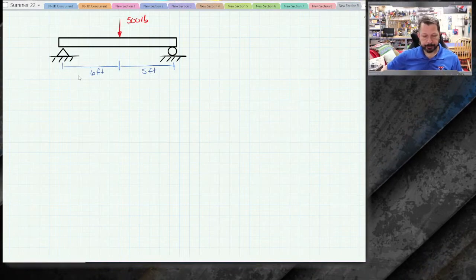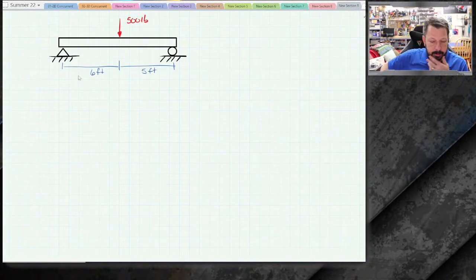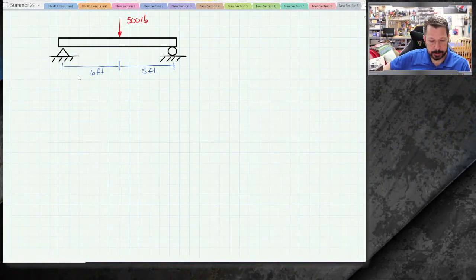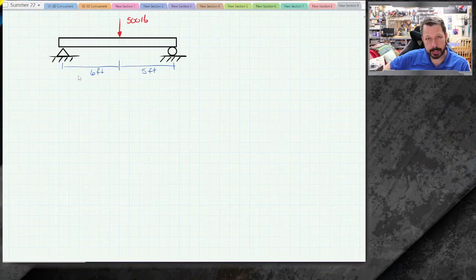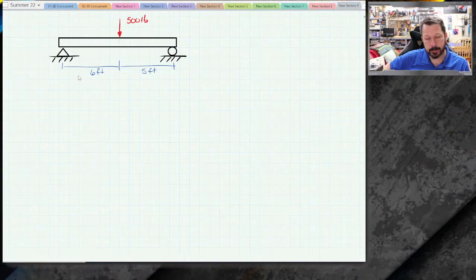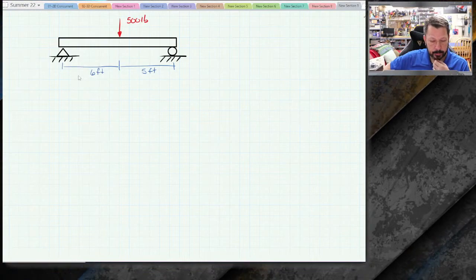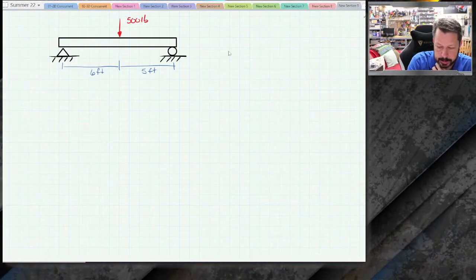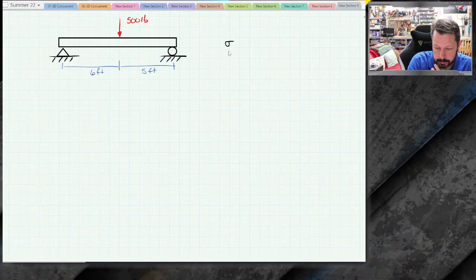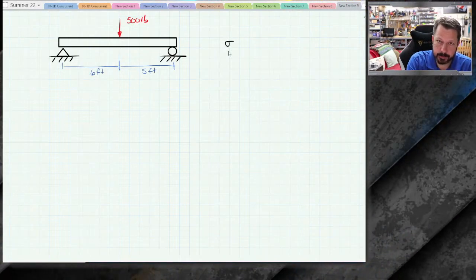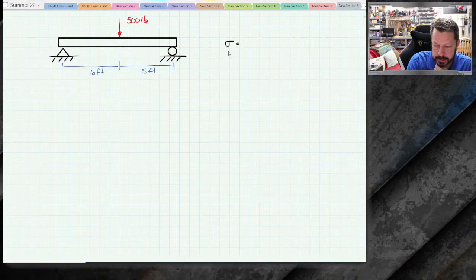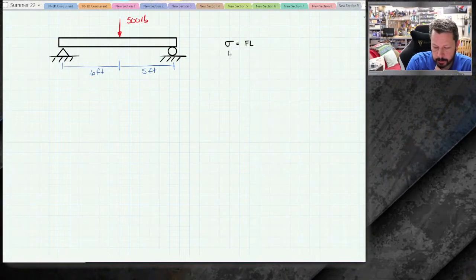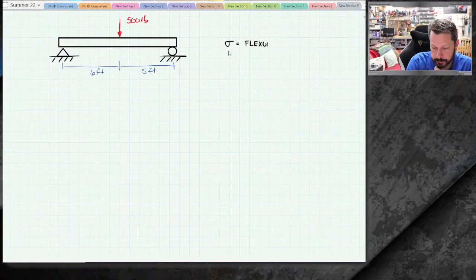All right, so let's say that I have an interest in calculating the flexural stress in this beam at some particular point. So flexural stress, we haven't talked about that, but it's going to be sigma. It's not the same sigma that we had before. We're talking about flexural stress here.